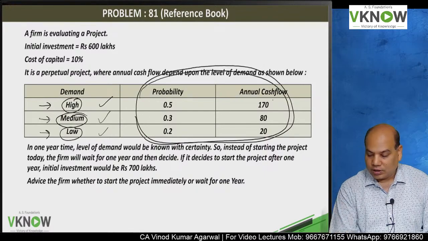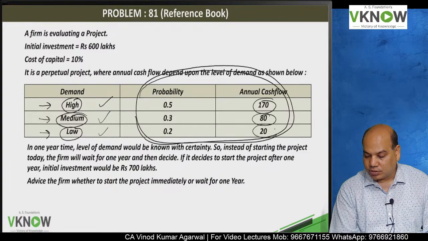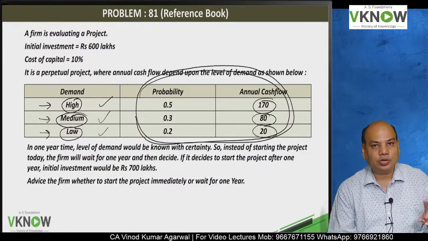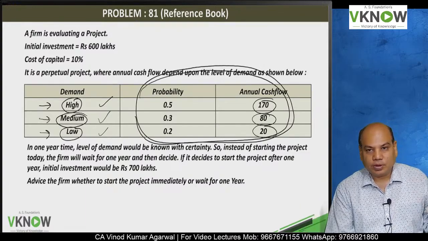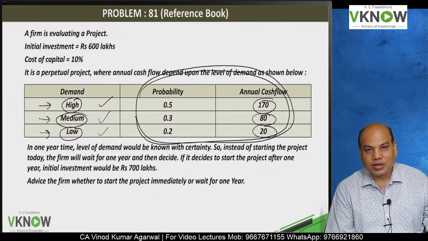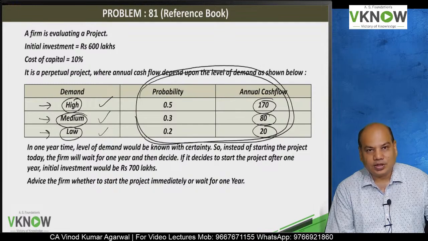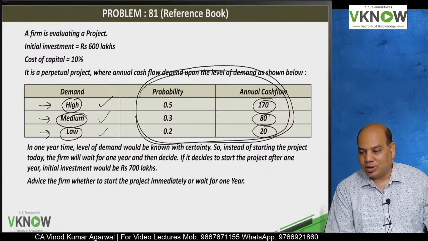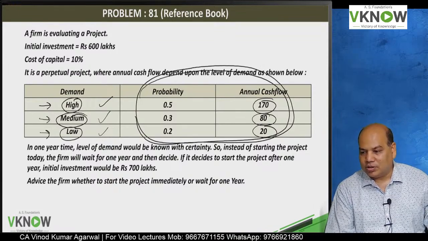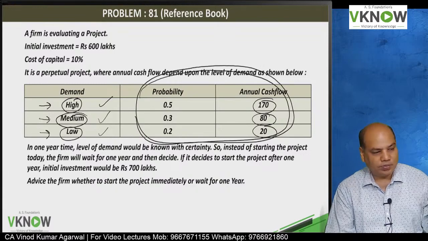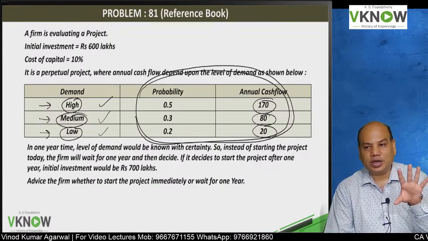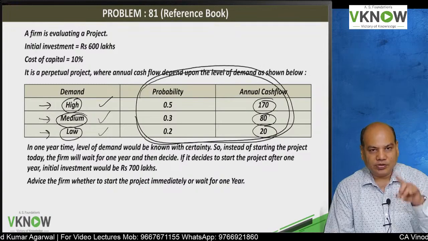Therefore we'll do separate calculations in all 3 scenarios, like in the oil problem, where price can be 300, price can be 100. Here the demand can be high, what is NPV? Demand can be medium, what is NPV? Demand will be low, what is NPV? If you are getting a negative answer, make it 0.